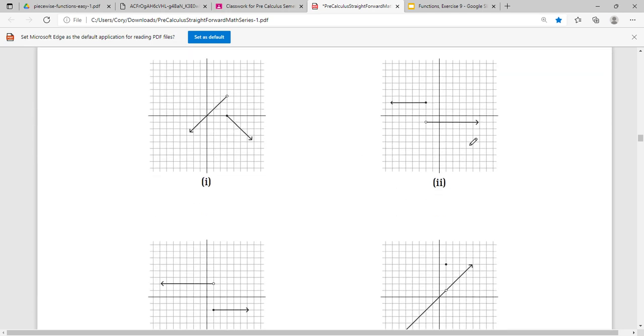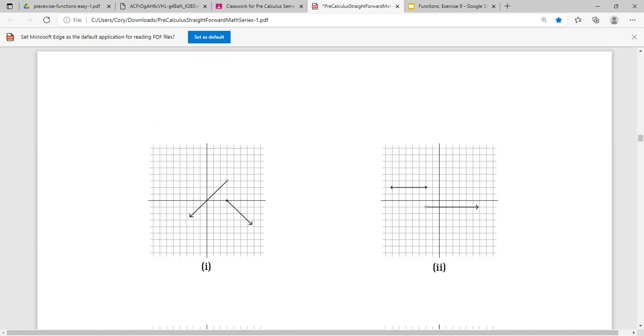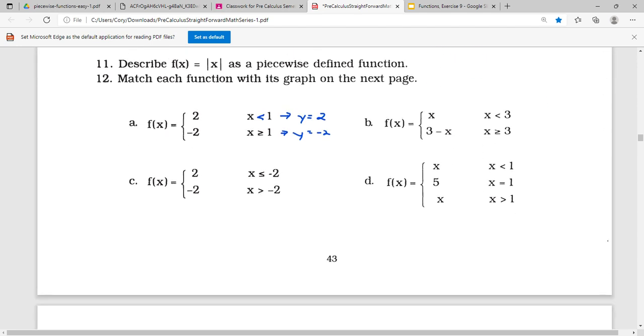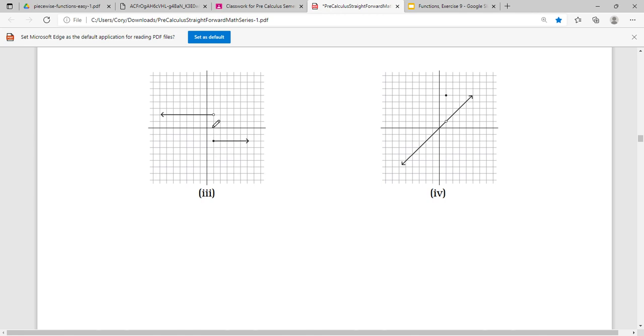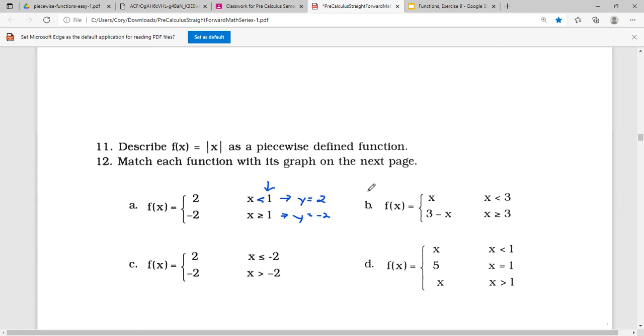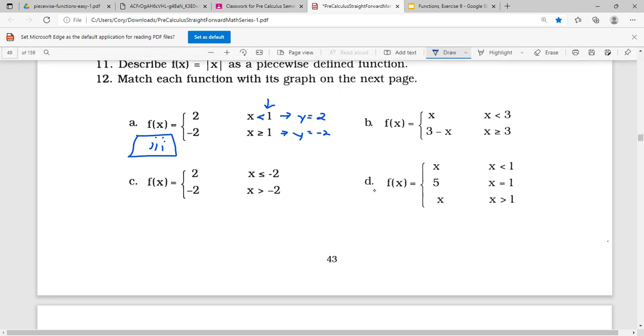Yep. Nope, it's this one. There's negative 2 and 2. And this is 1, where the graph changes, right? So at 1. That's where it changes, at 1. So for that one, that's your answer. You just match each graph to its function.